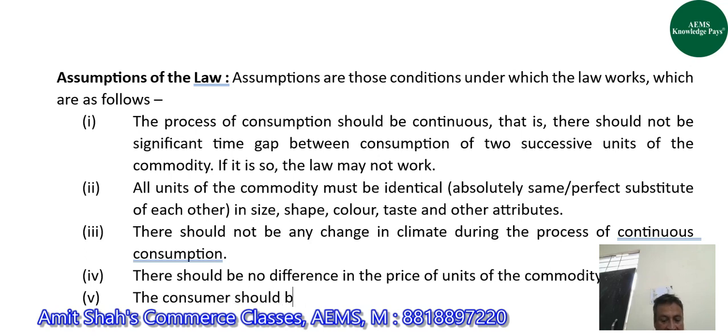The consumer should be rational and not insane. If he is insane, then the law may not work. The second, third, fourth chapatis can give him more satisfaction than the earlier ones.